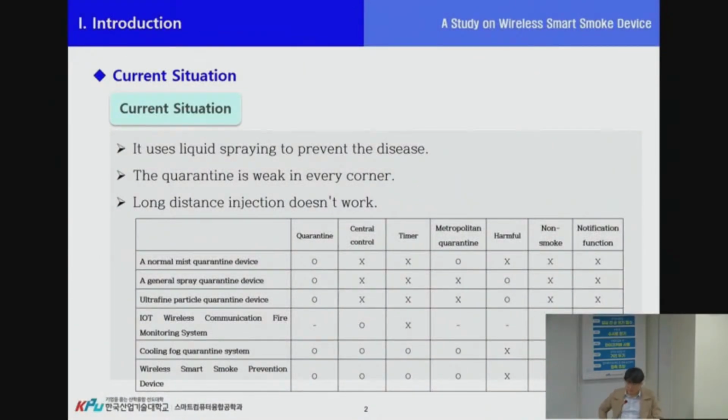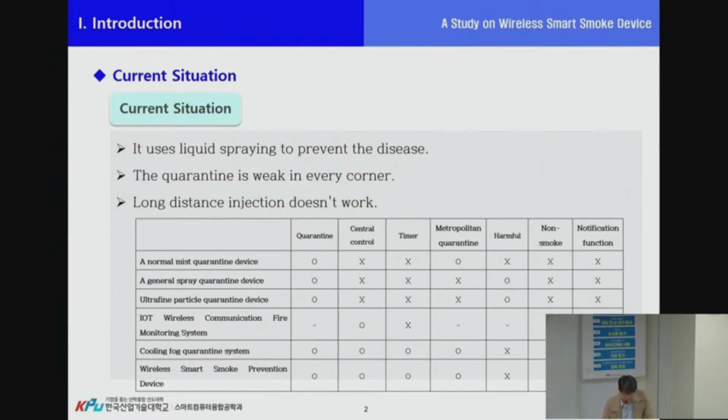Recently, Corona has become the biggest test, and states are seeking new quarantine methods. Since quarantine using existing smoke weapons to remove the virus is not effective in operation and management of equipment, wireless smart smoke is emerging as an alternative.